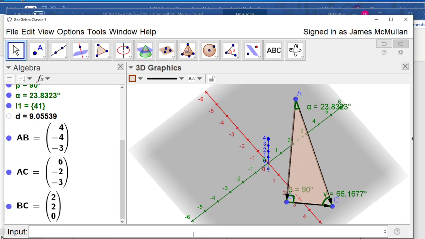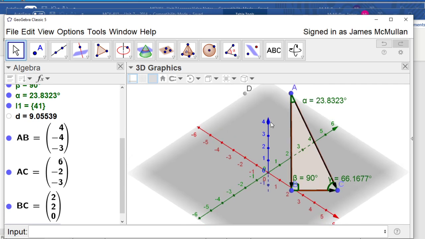So let's say AC plus a negative AC, and then plus a negative CB. I don't have vector CB, sorry, so put BC. Okay, so there's your parallelogram.